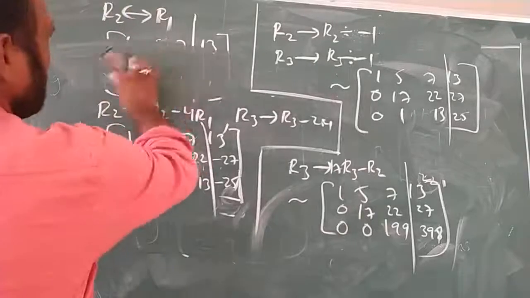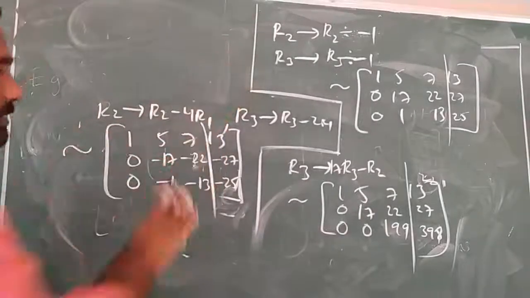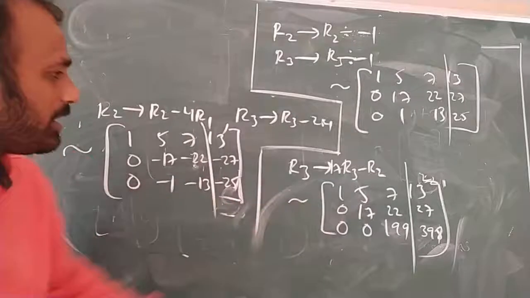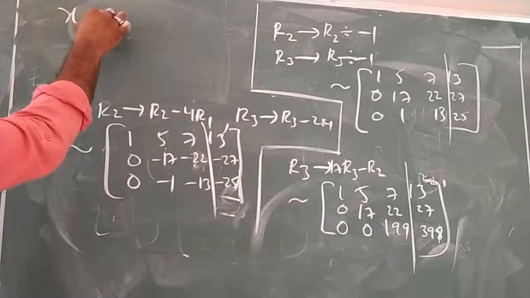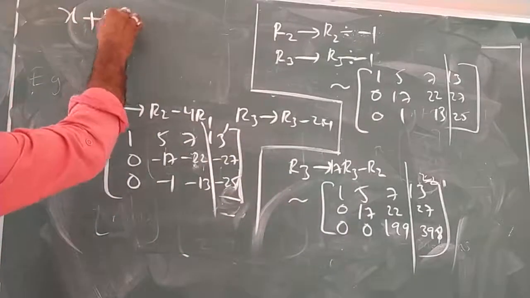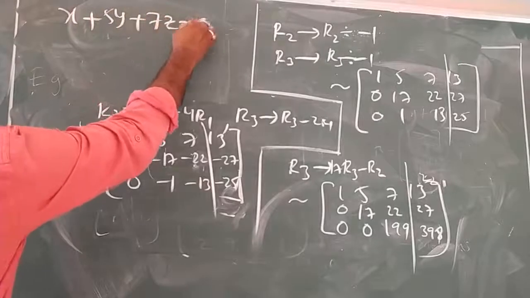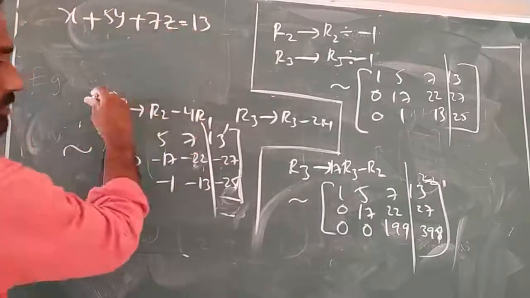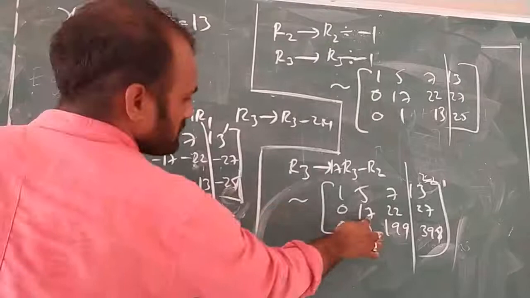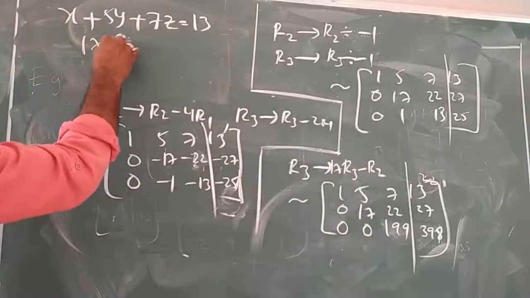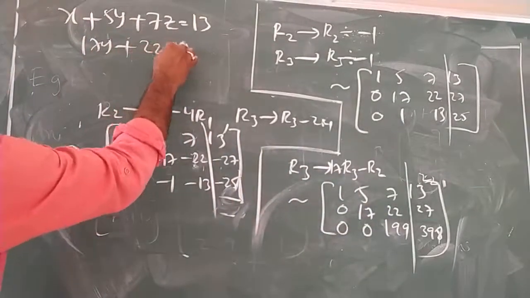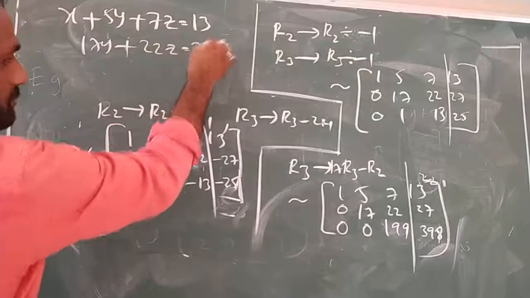Now what are the resultant values? I am going to write here with variables. The first equation will become x plus 5y plus 7z is equal to 13. Second, x is missing: 17y plus 22z is equal to 27.